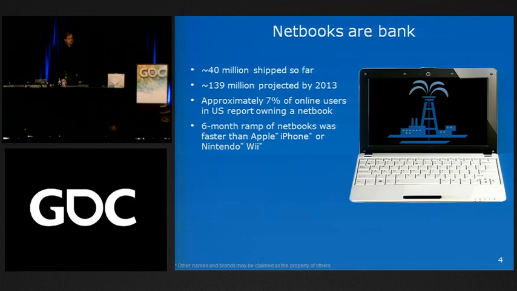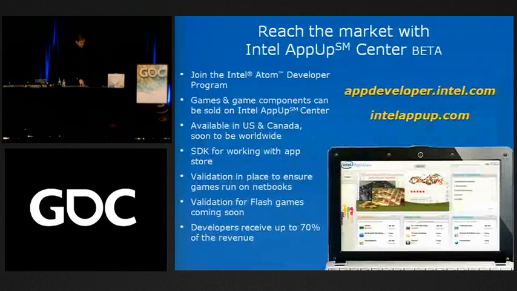About 77% of online users own a netbook currently. If you think about other popular products that are out there, like an iPhone or Wii, the adoption rate for the first 6 months for netbooks was way higher than those other popular products. So just to give you an idea of why you should care about this platform as well, if you're thinking about these other platforms and you're kind of drawn to them. So millions of netbooks, people are buying them like crazy.